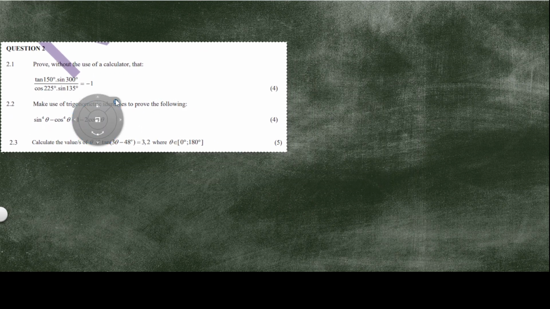This question is from a previous grade 11 question paper. Now I'm taking directly from the NCV question paper again. This is trig. For 2.1, they want us to prove without the use of a calculator that this is equal to minus 1.